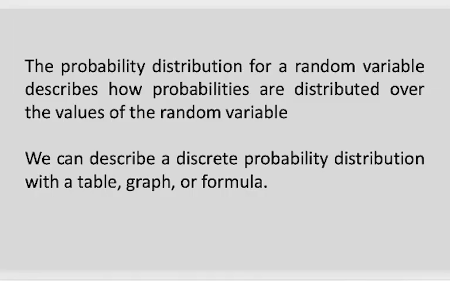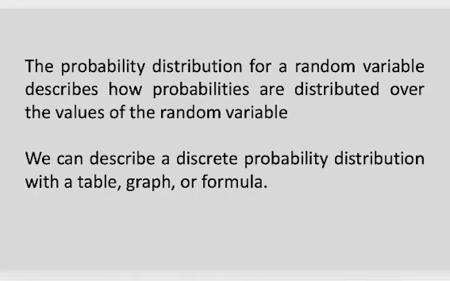These distributions are commonly expressed in a tabular manner because it is the most common way of showing the probability distribution. It can also be described through a graph or through a formula.